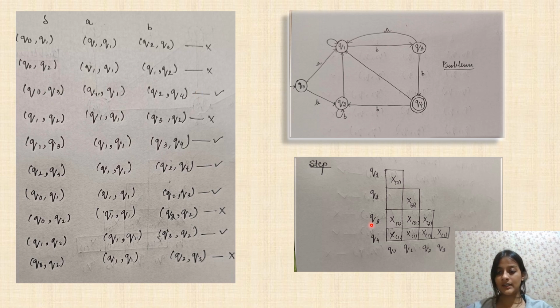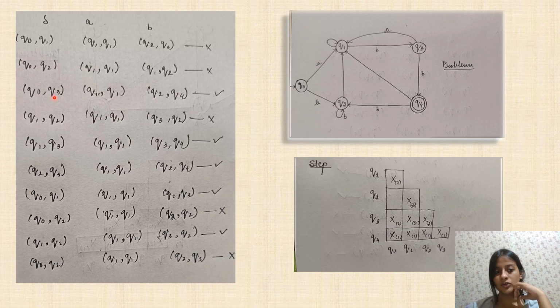Now we need to check, is Q2 and Q4 marked? Yes, Q2 and Q4 we marked at the first state. Yes, it is marked. We will mark the following pair, Q0 and Q3. Once any one of the pair is marked in the checkbox, we will mark the following pair. So here we found Q2 and Q4 marked.